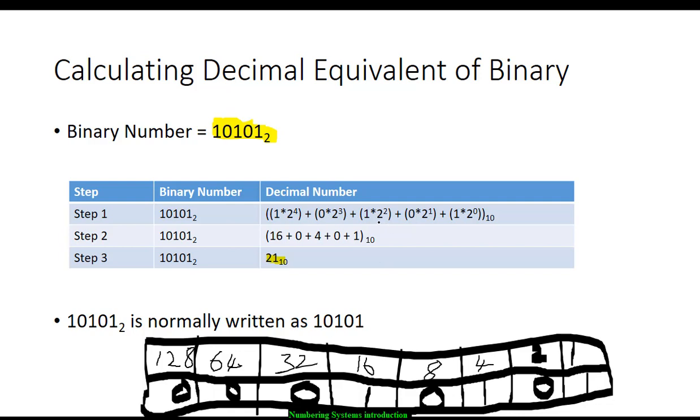To convert this binary to decimal, you use your binary table. These are all your binary place values: 2 to the power of 0, 2 to the power of 1, 2 to the power of 2, 2 to the power of 3, 2 to the power of 4, 2 to the power of 5, 6 and 7.